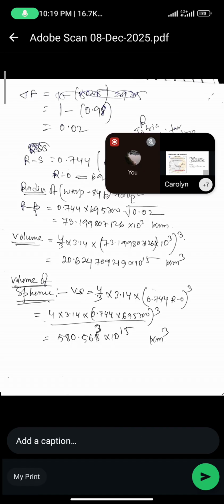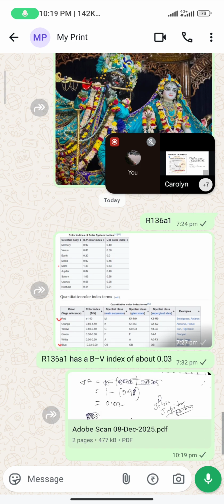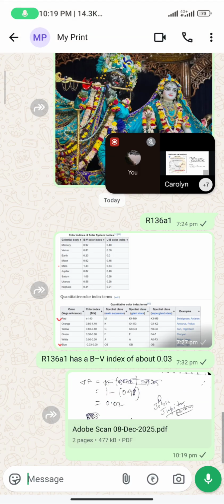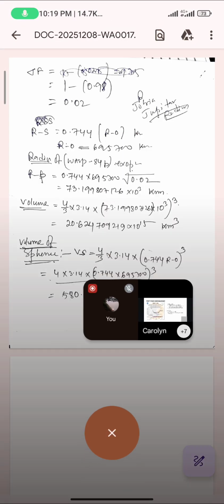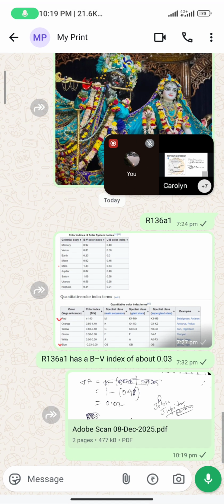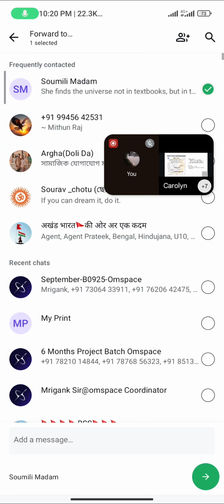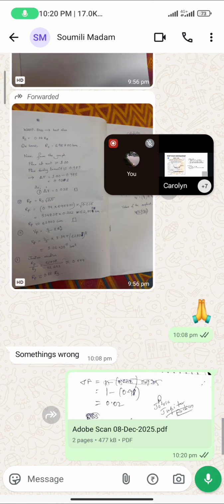Okay, I'll rename your project. Ma'am, I was having a problem after uploading the PDF. It was taking a lot of time. Then I uploaded it as an image. Okay, no problem. I've renamed yours, it's sorted now. Don't worry. So I've received Likit's, Prayashi's, Sahid's, Saumili's, and Suman's.